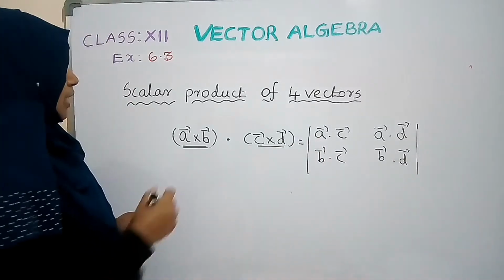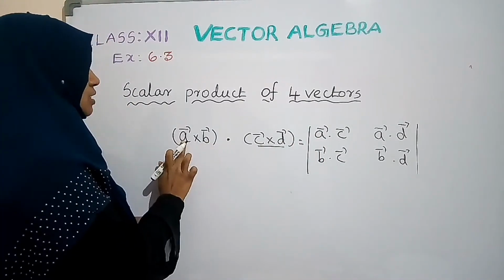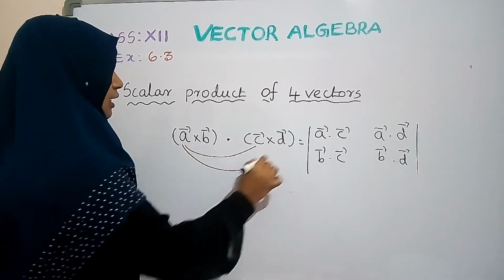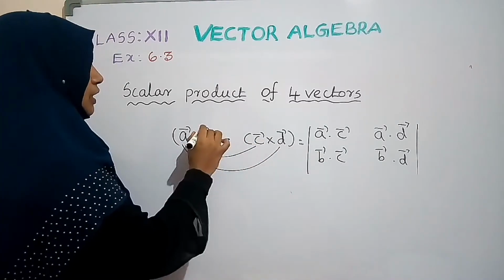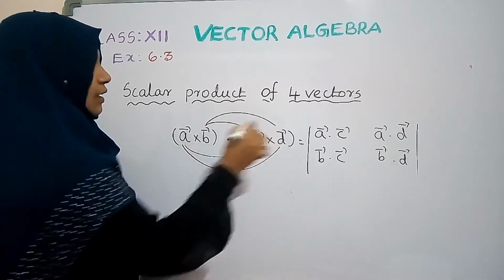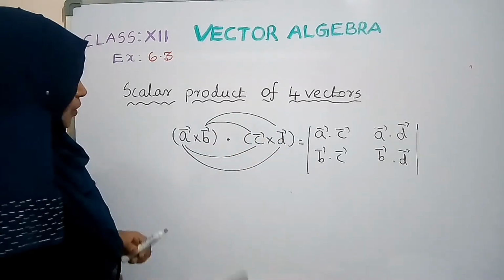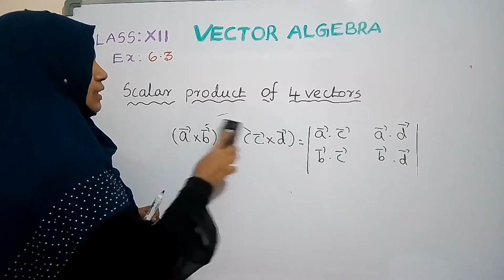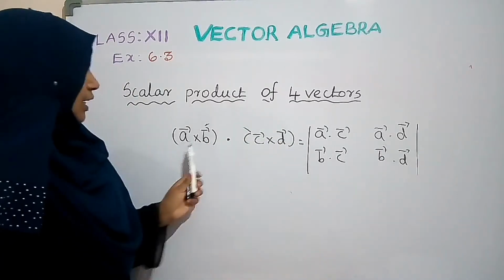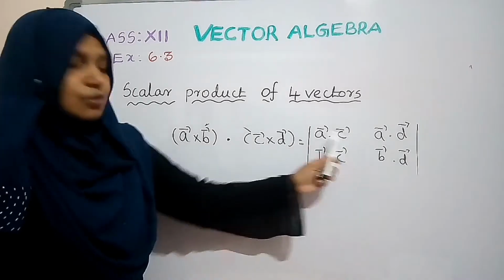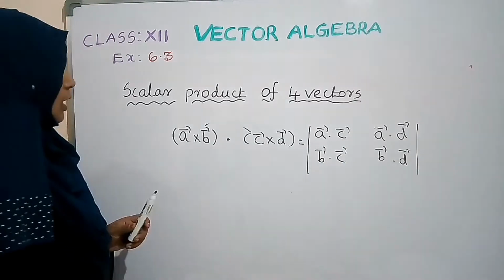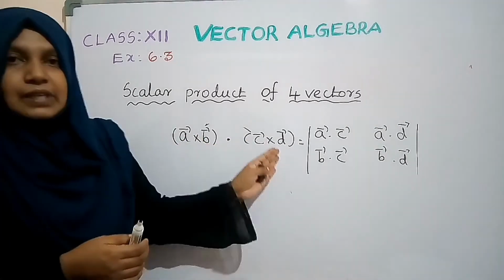The first row is A dot C and A dot D. The second row is B dot C and B dot D. So this can be calculated by the 2 by 2 determinant. And you can also calculate it by the left side method.